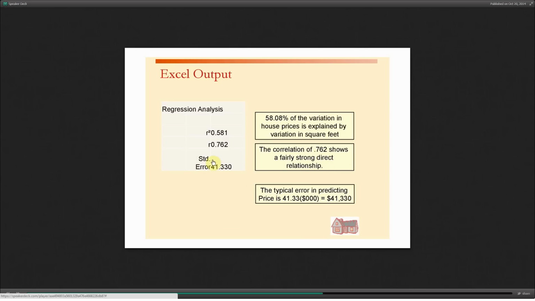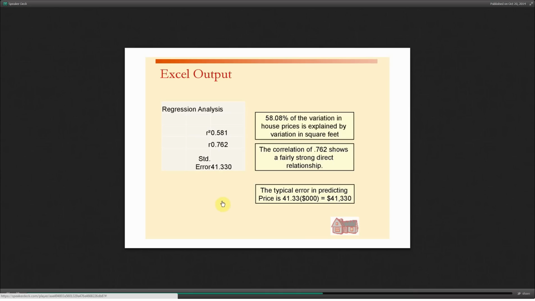The standard error is basically the standard deviation of the residuals. The residuals meaning the errors, those epsilon i's, remember that? So if you take all those epsilon i's and you look at the sample standard deviation, you get the standard error. The standard error is interpreted as the typical error, in the units of the dependent variable, of the estimate.